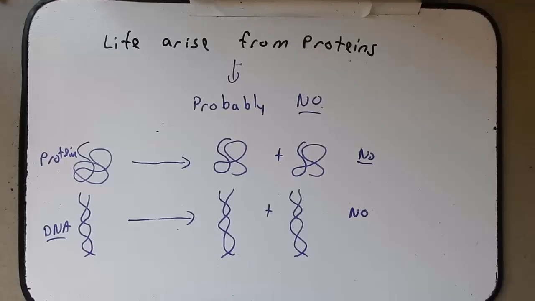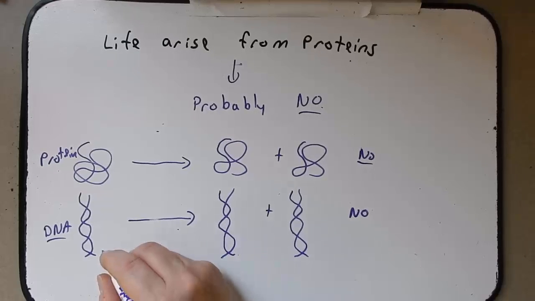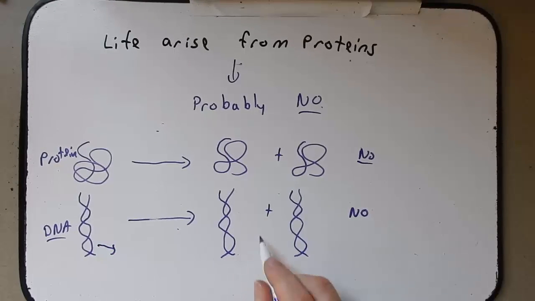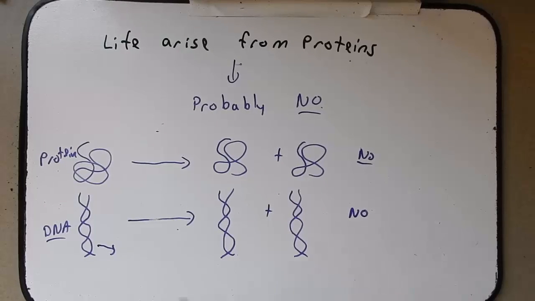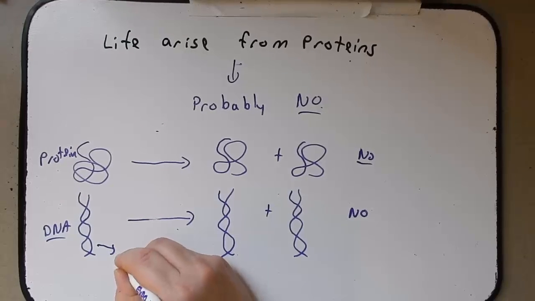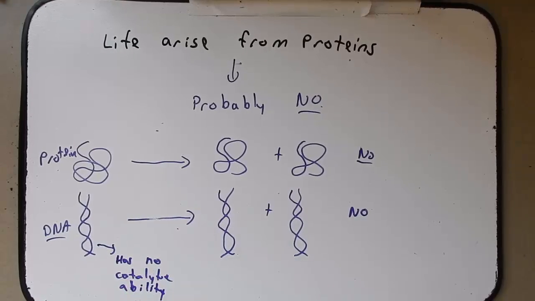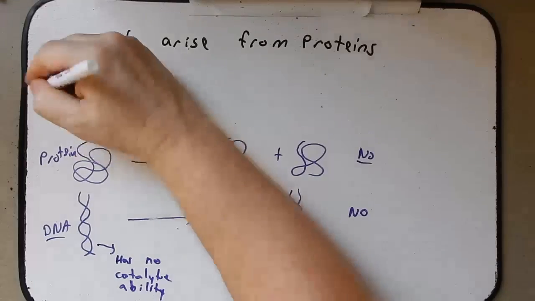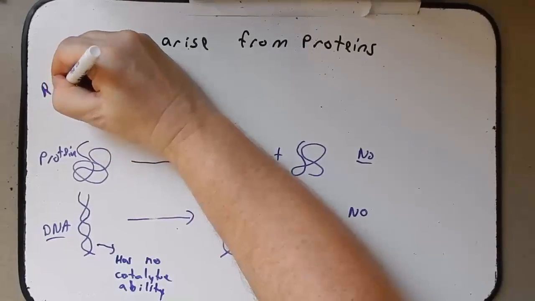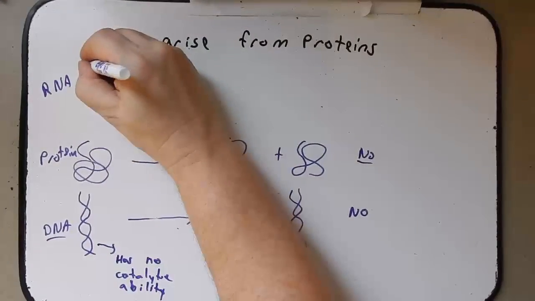And the main reason it's probably not the molecule of life is that DNA, even though it's a great hereditary information and it codes for everything that we need, it itself has no catalytic ability. That first molecule had to have a way to copy itself, but also had to have a way to function by itself. So let's talk about our last choice here, and that's RNA.